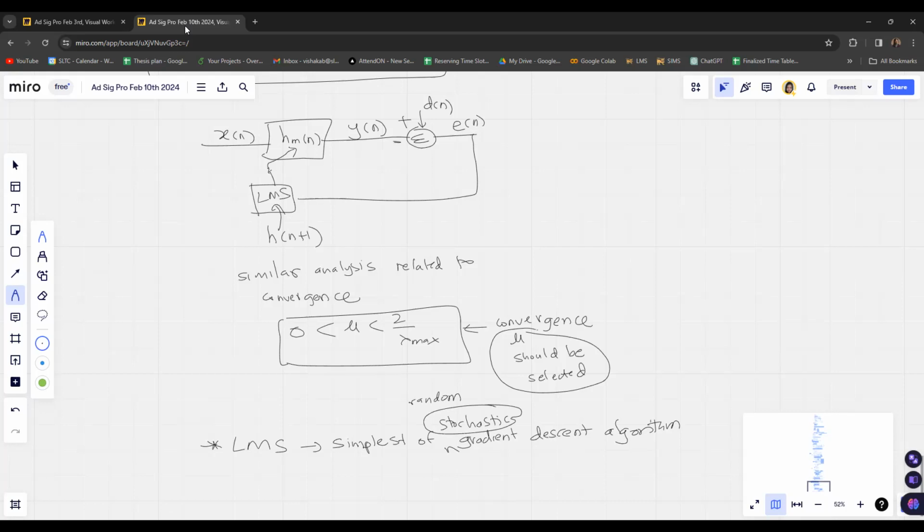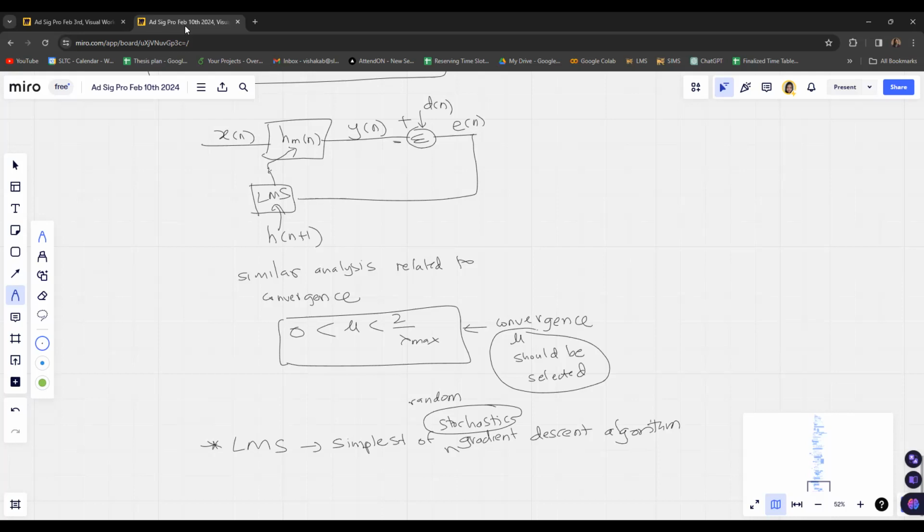So the random selection of the data samples is done in this stochastic gradient descent algorithm, which is another main algorithm used to find the minimum of the error function, and converge the values of the filter coefficients to certain fixed values.